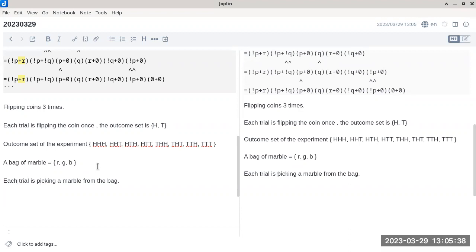So now the question is, what is the outcome set of choosing, oops, yeah, go ahead. Are you putting the marbles back in the bag after you? No, we are not. Choosing one marble out of the, oh, sorry, I just made a mistake here.